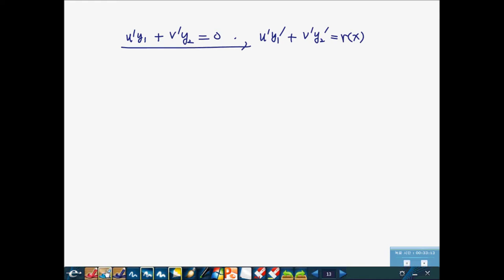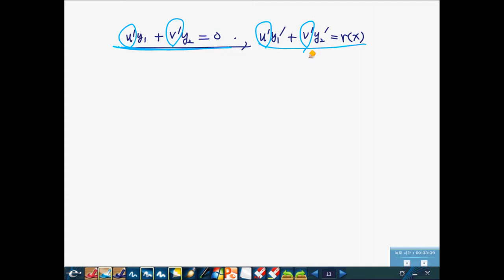By having this assumption, we would end up having that equation. This is what? 2 equations, right? 2 equations, 2 unknowns, right?